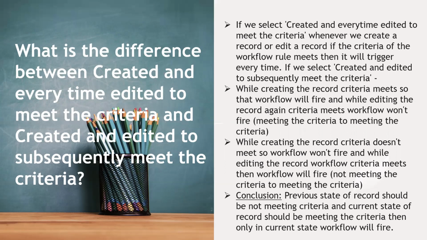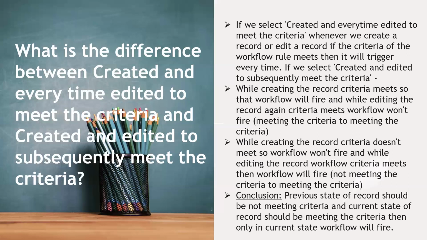While coming to the second, created and every time it's edited: while creating the record or editing the record, the action should be fired. If you edit 100 times or create the record 100 times, in both cases the action should be fired. That's the second option.